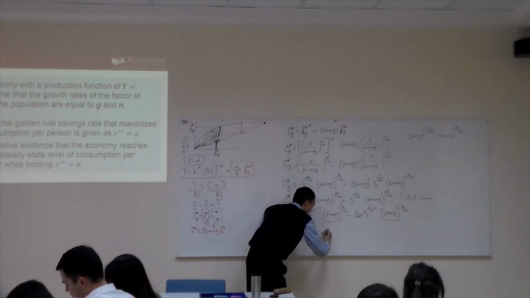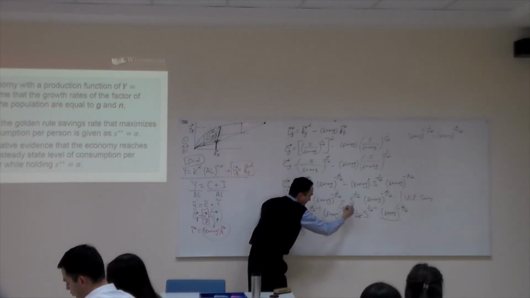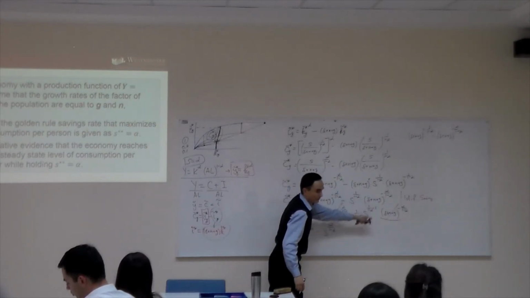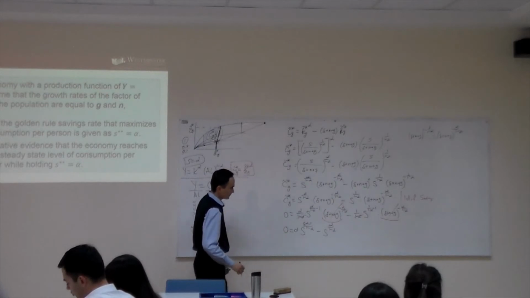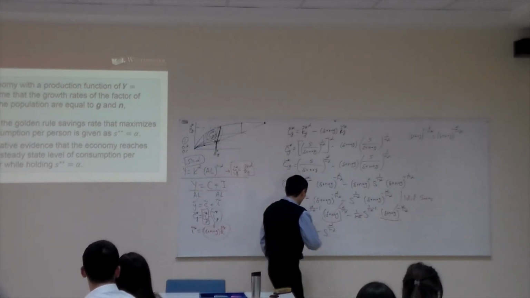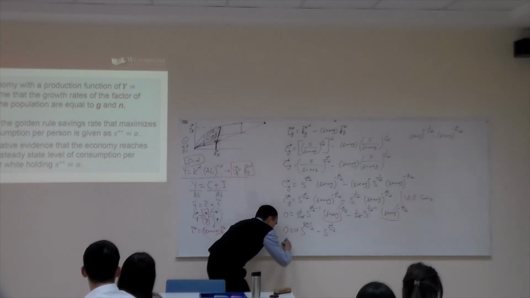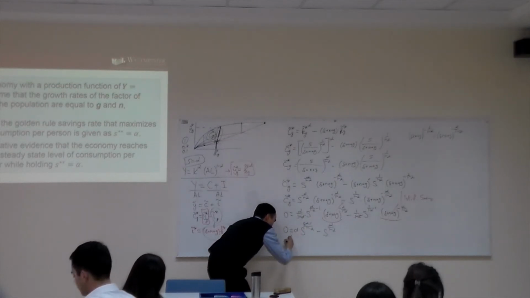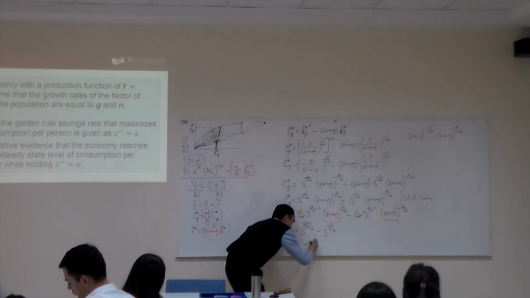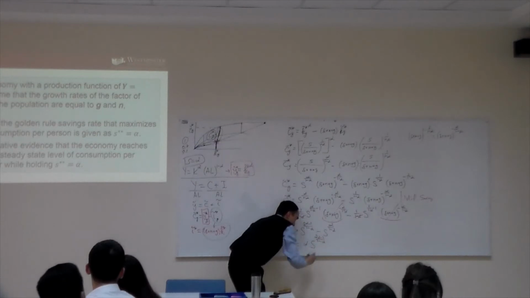Minus saving rate in the power of alpha over 1 minus alpha. Okay? So now you can easily find it. In other words, you can write it as saving rate in the power of alpha over 1 minus alpha is equal to alpha times saving rate in the power of 2 alpha minus 1 over 1 minus alpha.